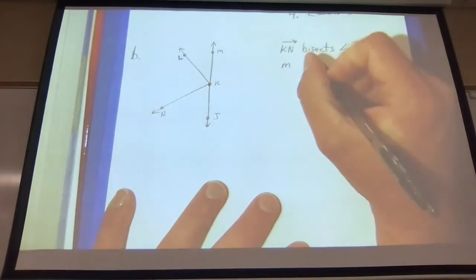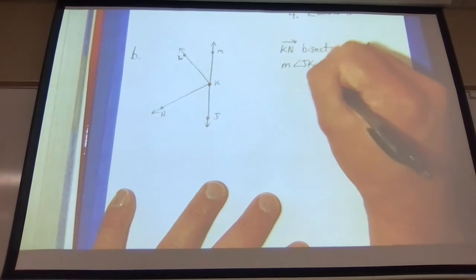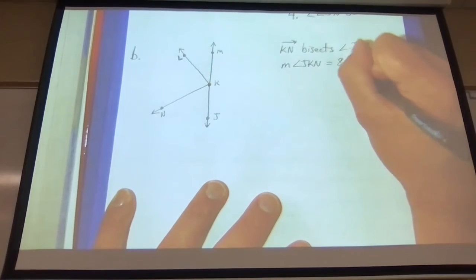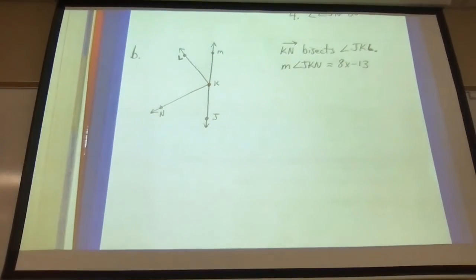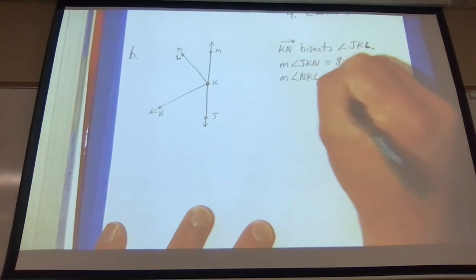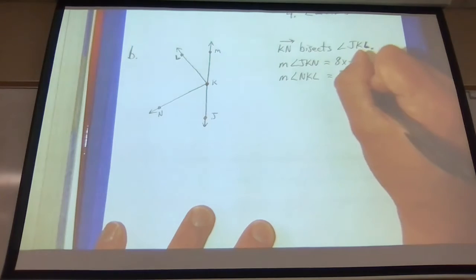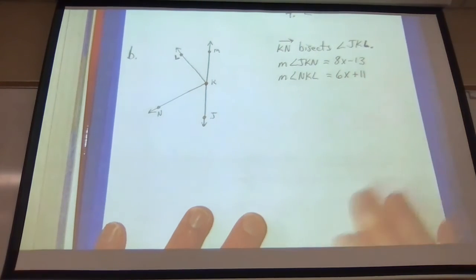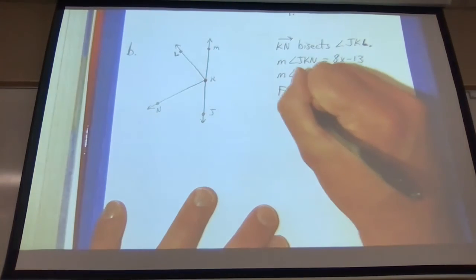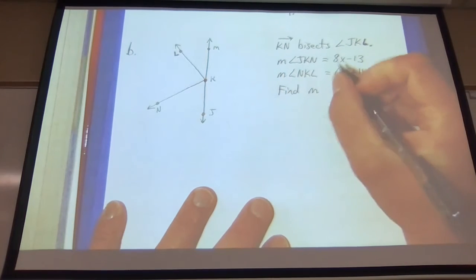They're going to tell us that the measure of angle JKN is 8x minus 13. Measure of angle NKL is going to be 6x plus 11. And then finished off, they want us to find the measure of angle JKN.